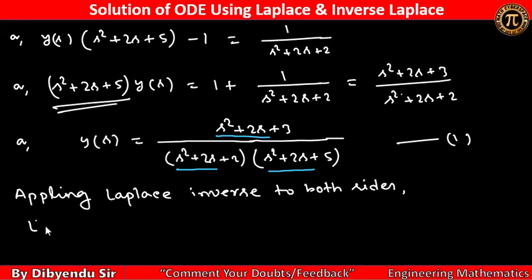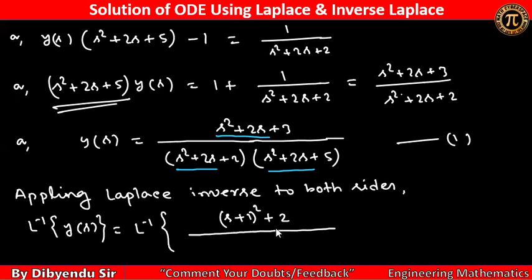So Laplace inverse of Y(s) equals Laplace inverse of s squared plus 2s plus 3, which we can write as (s plus 1) whole squared plus 2.